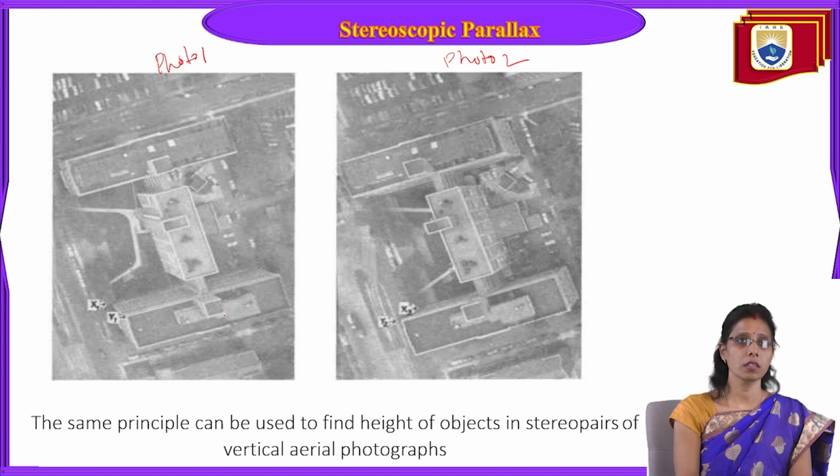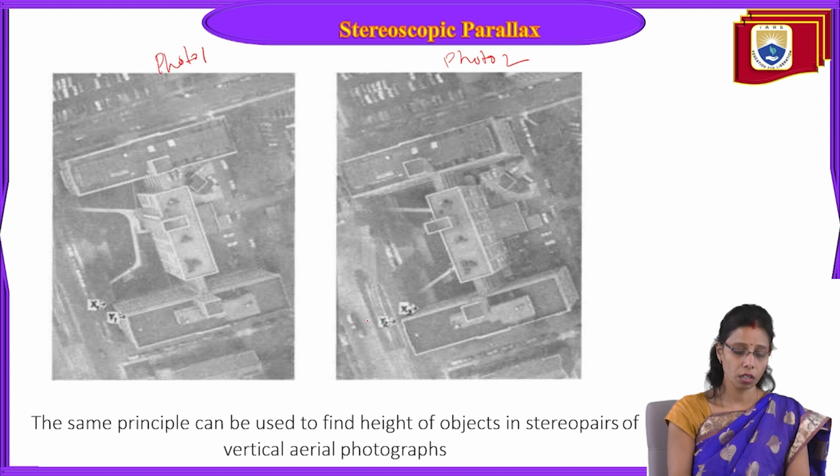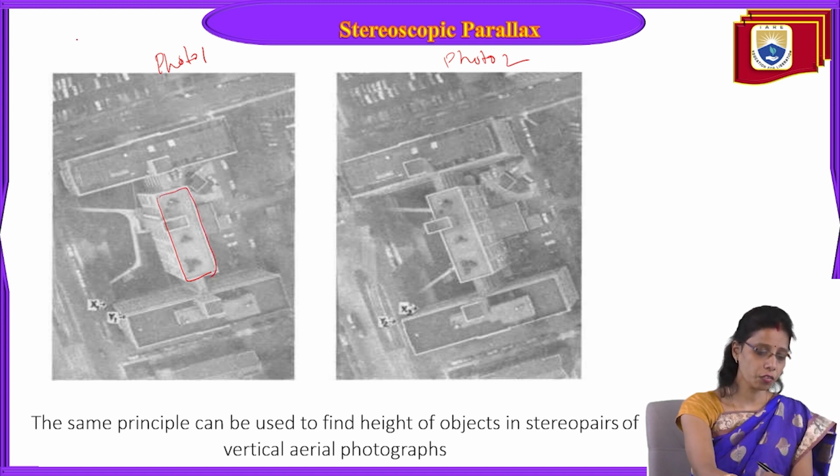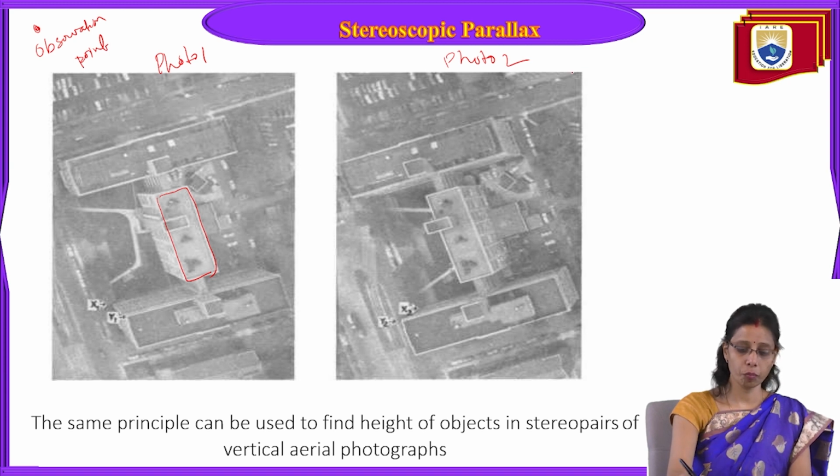These are the same image, but there is a difference in the image when you observe clearly. Here in this building, you see the top view of the building, and the point of observation is somewhat here. This is the observation point, and for this photo, here is the observation.